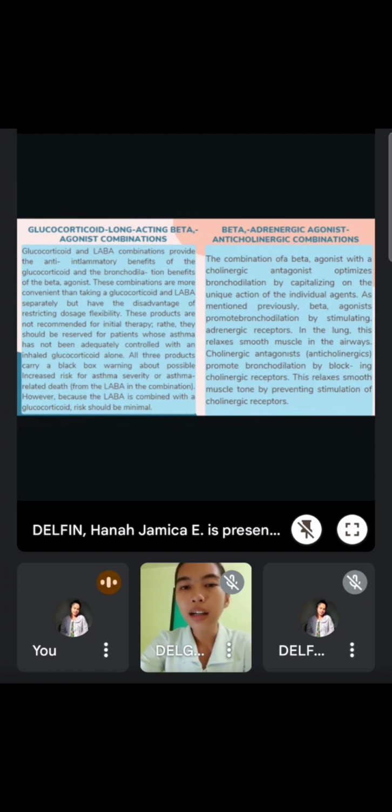In the lung, this relaxes smooth muscle in the airways. Cholinergic antagonists, or anticholinergics, promote bronchodilation by blocking cholinergic receptors. This relaxes smooth muscle tone by preventing stimulation of cholinergic receptors.